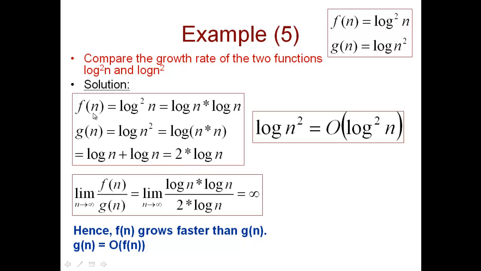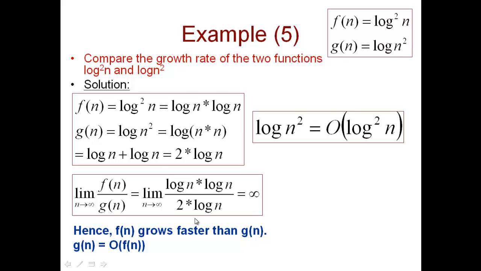So basically we have f of n is log n times log n, and g of n is log n plus log n, which is 2 log n. So let us put them together. So f of n the numerator, g of n the denominator, and you apply the limit n equals infinity, we again get infinity over infinity. Log n times log n, that is f of n, divided by 2 times log n.